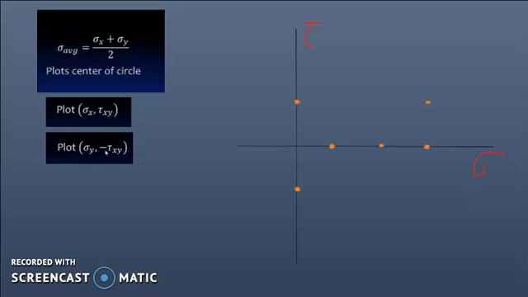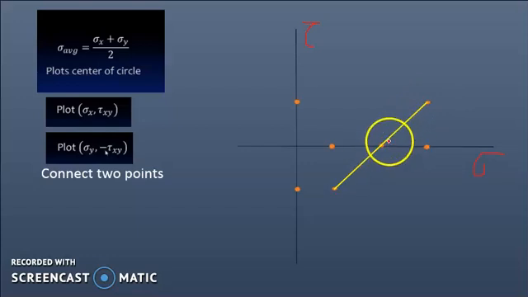Now the third step is to plot the y point, which is sigma y comma minus tau xy. If we plot that, we'll be getting a point over here. Then we connect these two points, and this line goes through the center point.